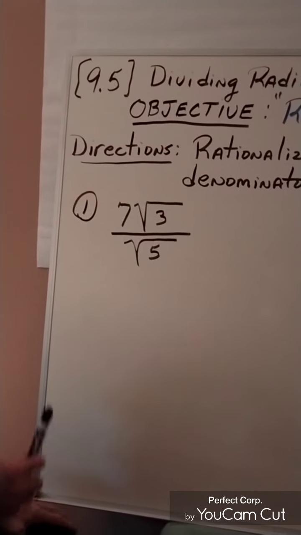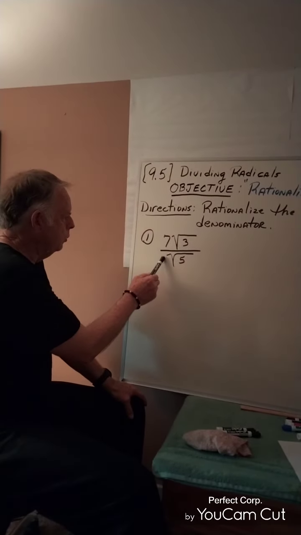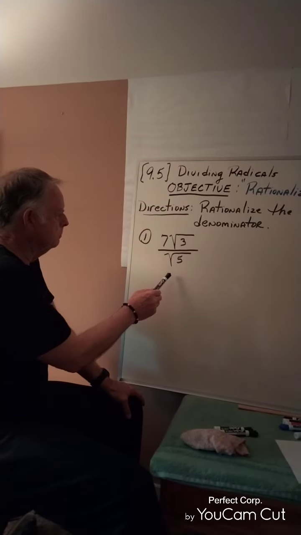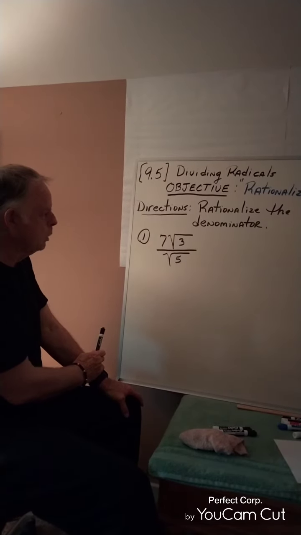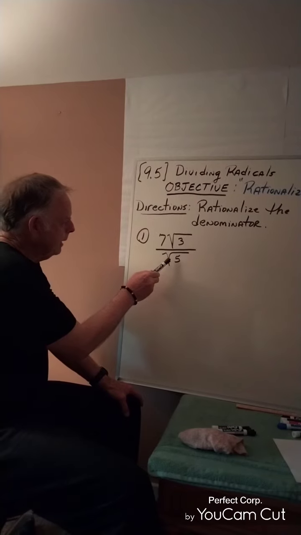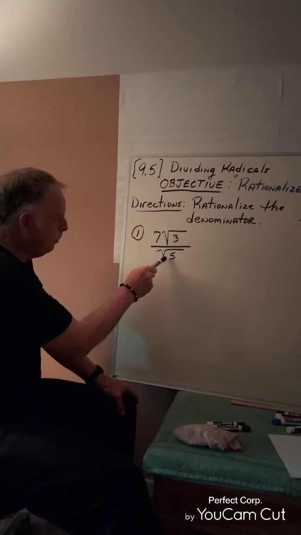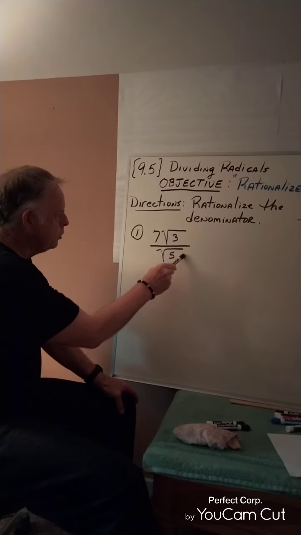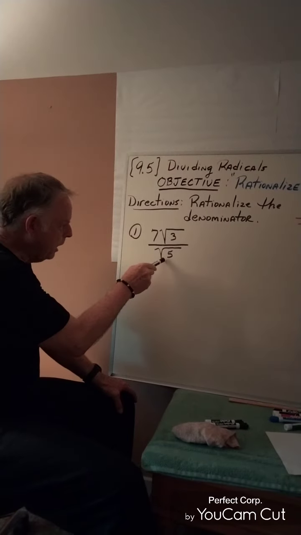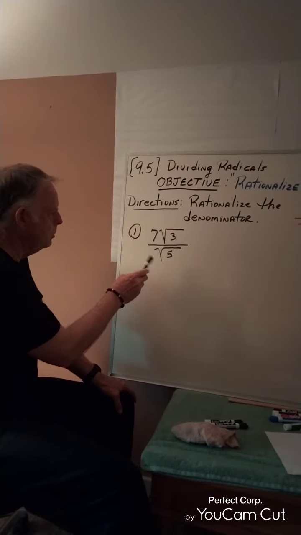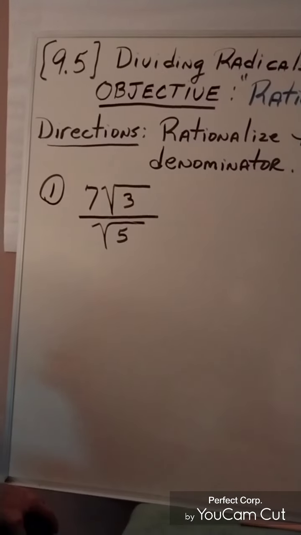And that brand new skill is called rationalizing the denominator. And here's what this is about. Look at this denominator right here. It contains a radical. We can't have a radical down there, so we're going to have to get rid of it. This radical that's in the denominator position represents an irrational number. Yes, so does e, but it's the denominator in question that is breaking the rule for us, not the numerator.